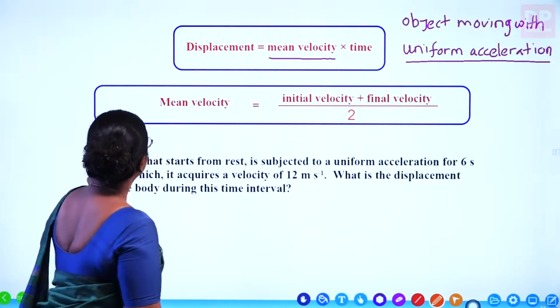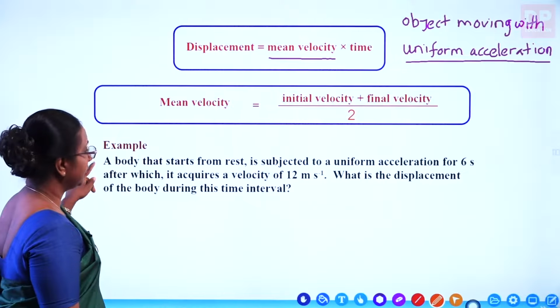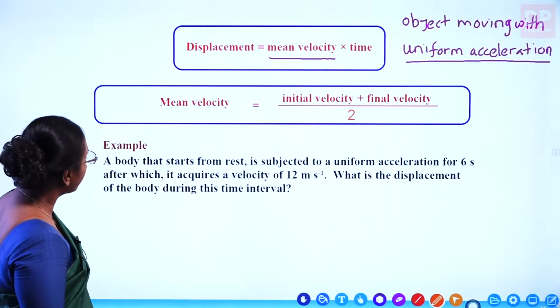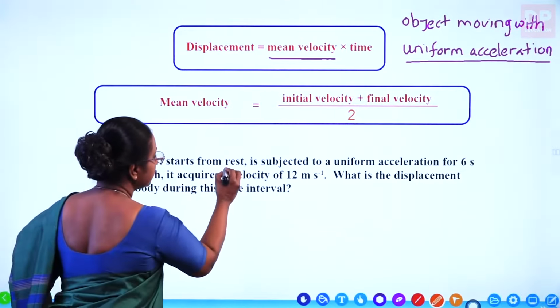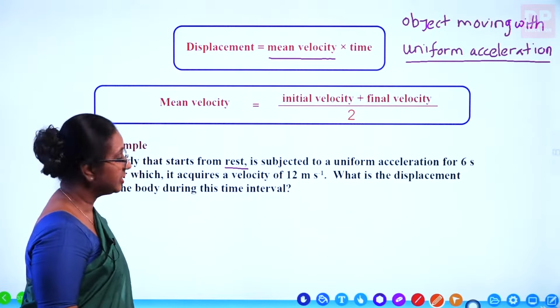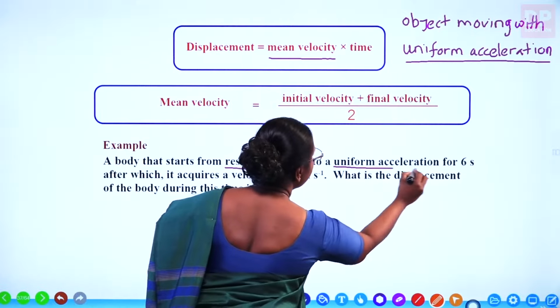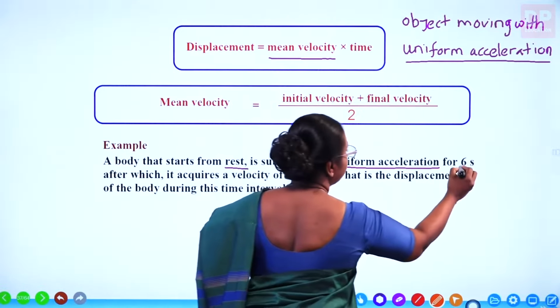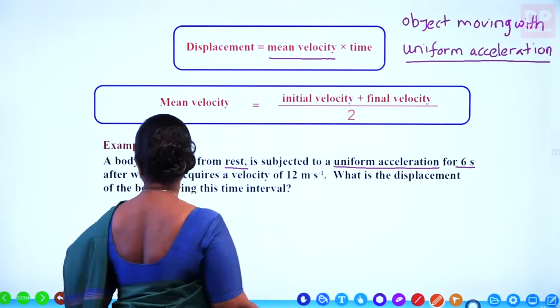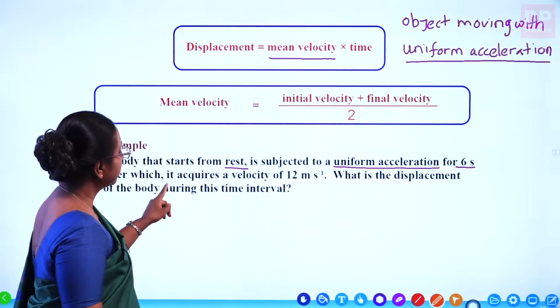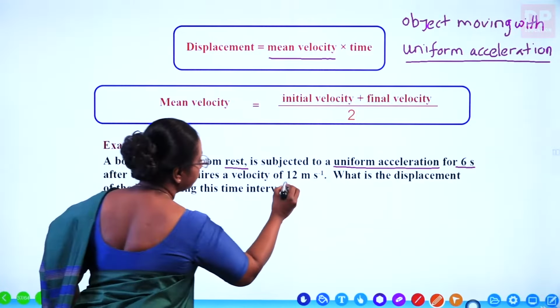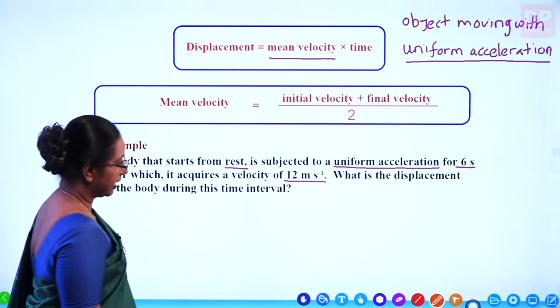So, as an example, if we look at this question, a body that starts from rest, so you know the velocity is 0, is subjected to uniform acceleration for 6 seconds, after which it acquires a velocity of 12 meters per second.